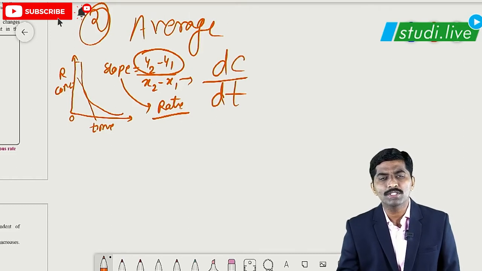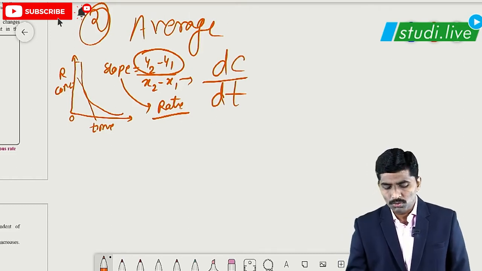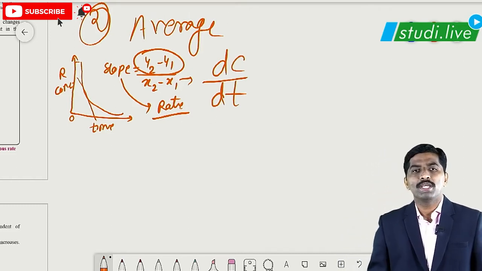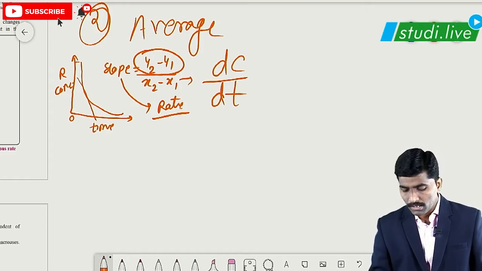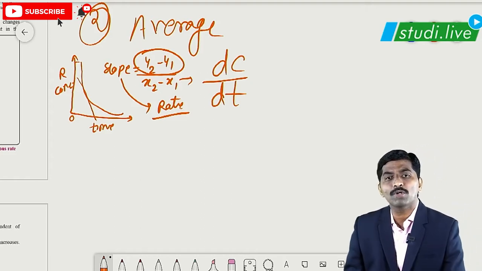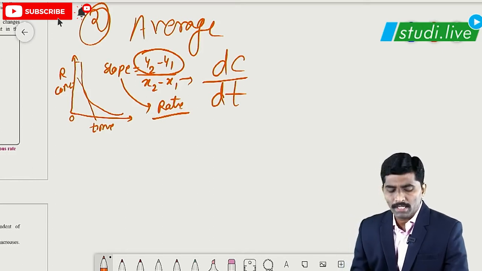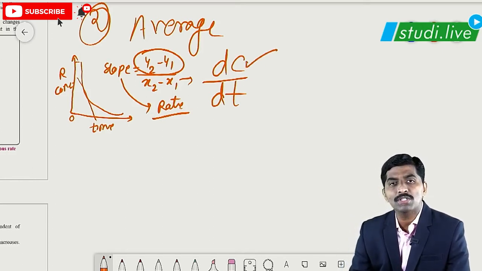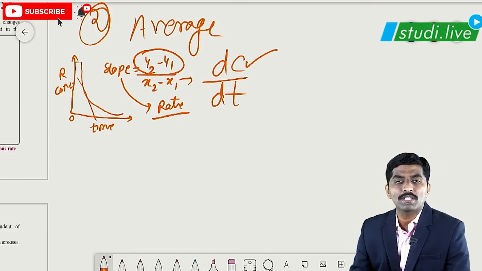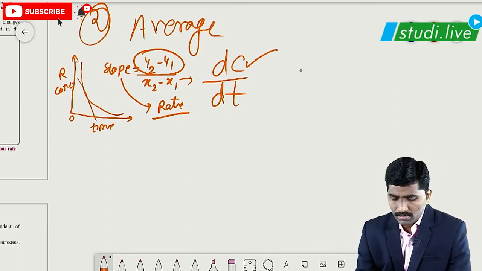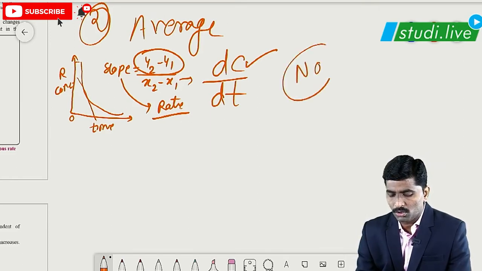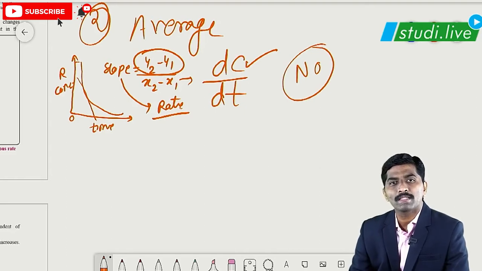Very small change in concentration over the very small change in time. Okay, but the question for all of us is whether it's really possible to calculate this smallest change in concentration at this smallest change in time. Answer is big no, correct?